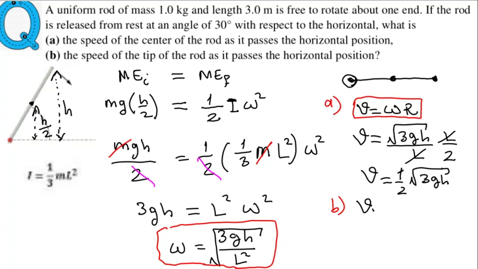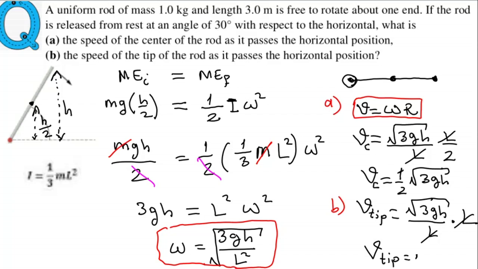V for tip is square root of 3gh over L, and r is the full length. You just need to multiply by L, and after the simplification, v tip is nothing but the square root of 3 times g times the height h.